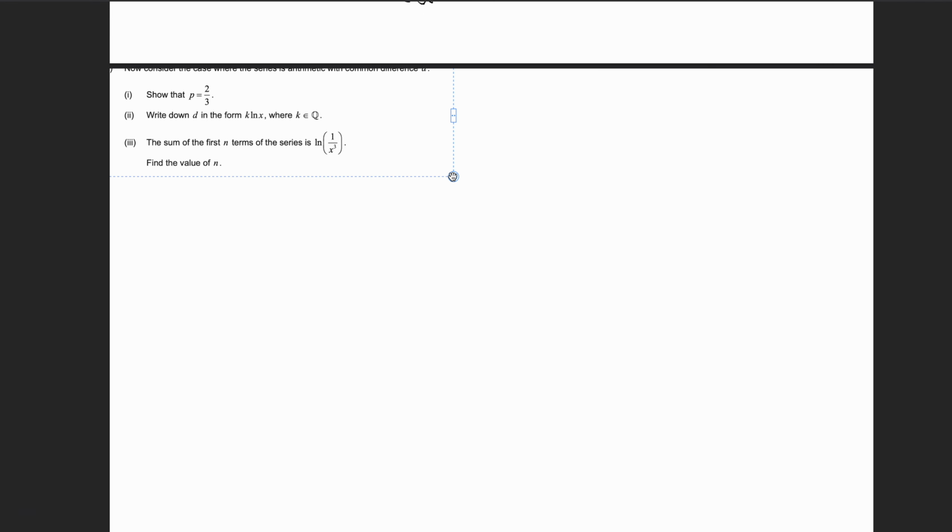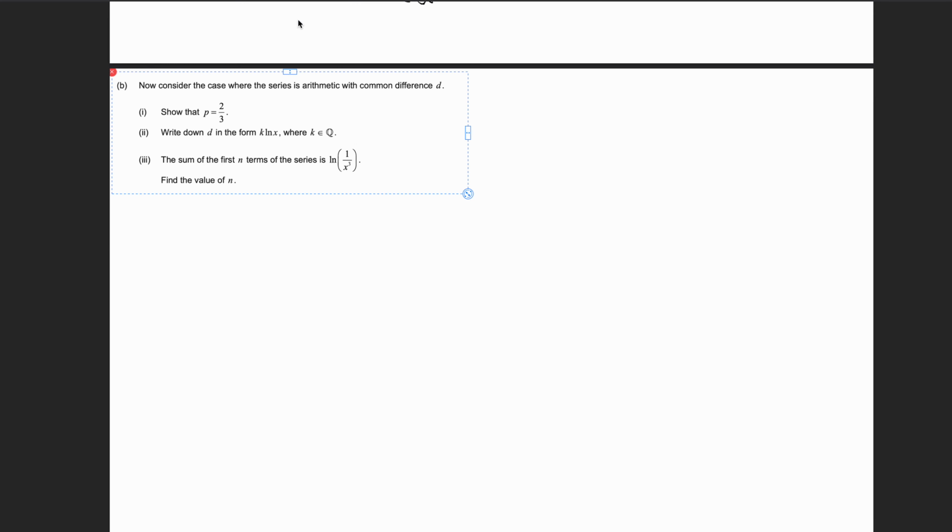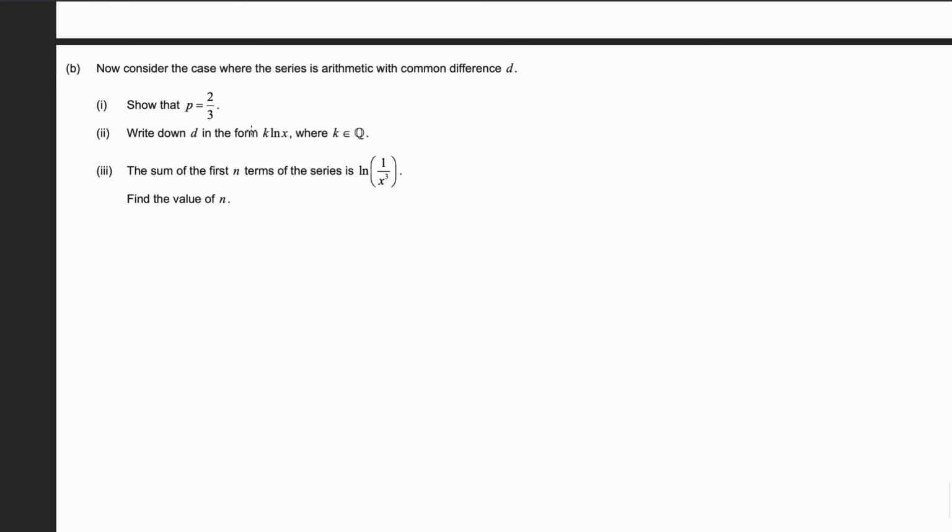Okay, so now we're asked to consider the case where the series is arithmetic. And so let me write the series here as well. So it was ln of x plus ln of p plus p ln of x plus 1 over 3 ln of x.